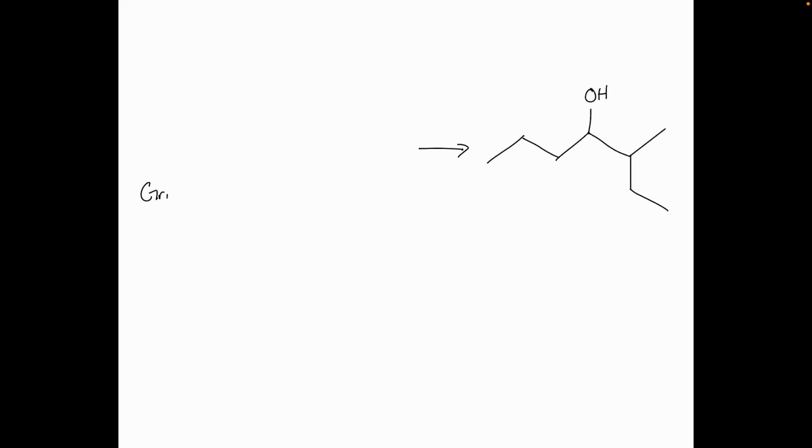So what could you use as your aldehyde or ketone? And what could you use as your Grignard reagent in order to create that new alcohol here?